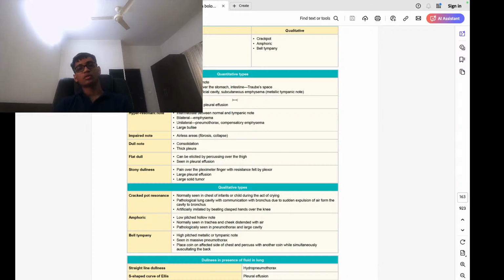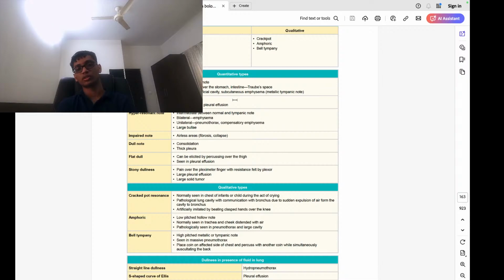Subtympanic note is skodaic. It is of boxy quality and is seen just above the pleural effusion. Hyperresonant note is intermediate between the normal and tympanic note, and it is seen in bilateral emphysema, unilateral in pneumothorax, and compensatory emphysema and large bullae.